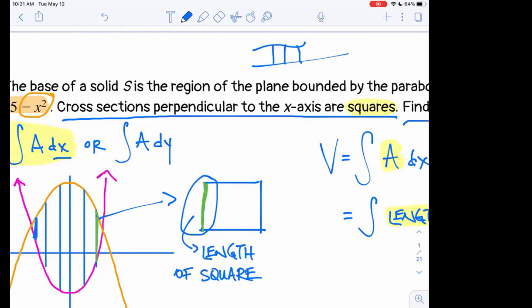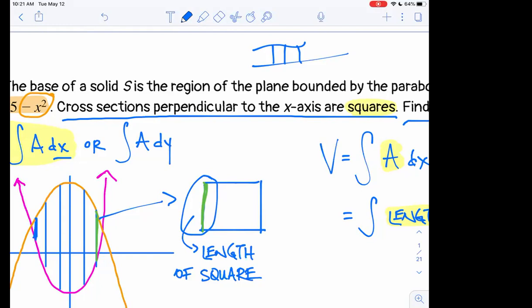So the length of the green line in my diagram is going to be my orange curve minus my pink curve. We can think about that as our case when we said, oh, we just do top minus bottom. Top minus bottom gave us the length of one specific segment.